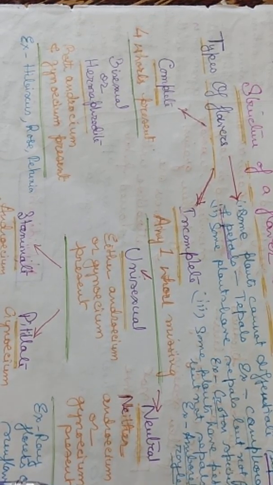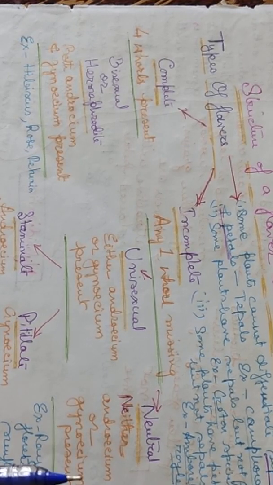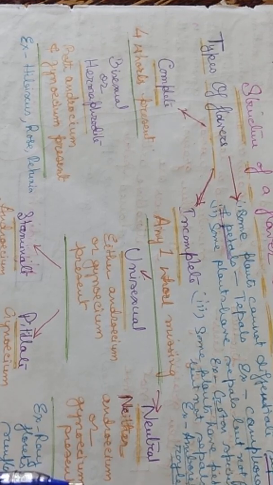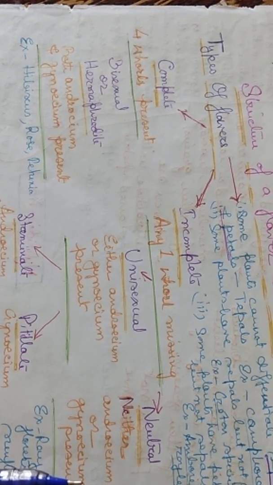A unisexual flower can be staminate or pistillate. Unisexual means either it has androecium or it has gynoecium. Both whorls are not present. If androecium is present in the flower, then it is known as a staminate flower. If gynoecium is present, that flower is known as a pistillate flower.